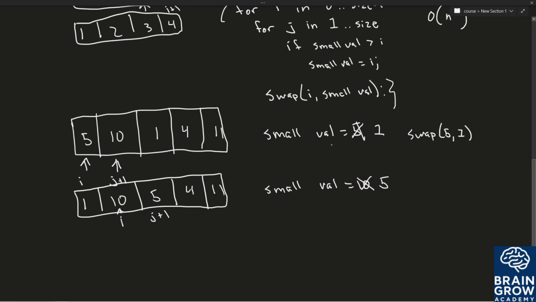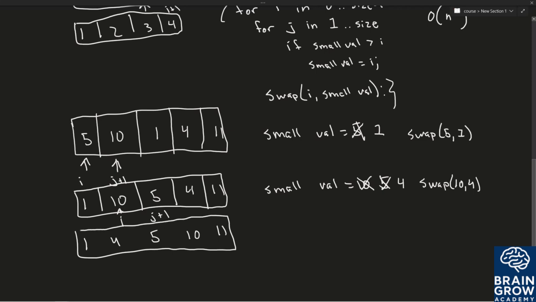Is 5 greater than 4? Yes, it is. Is 4 greater than 11? No. So now we want to swap 10, because that is I, and our 4. So now we have 1, 4, 5, 10, and 11.